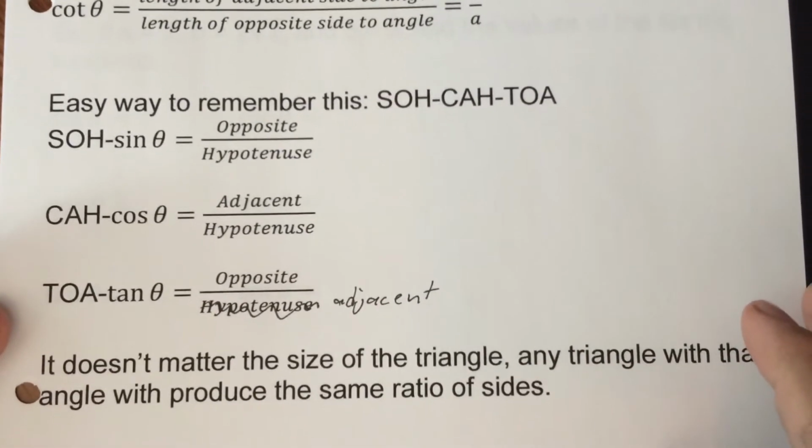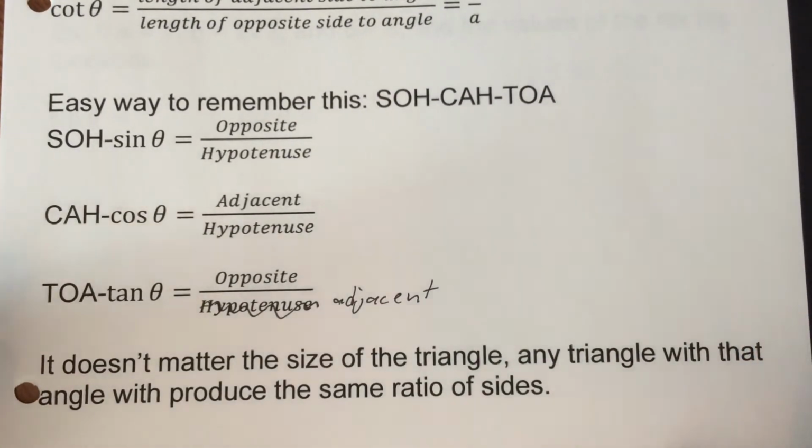So keep in mind, it doesn't matter the size of the triangle. As long as it's a right triangle, you will get these same ratios at that certain angle. Whatever the size, it could be a 3 by 4 by 5, or a 9, 12, 15.